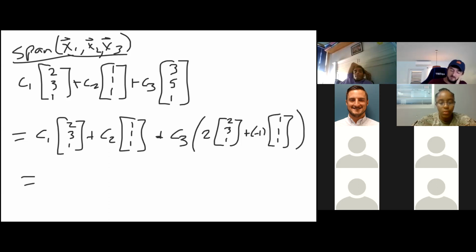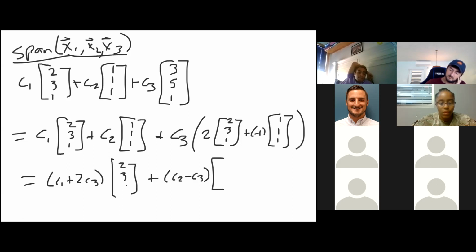And just rearranging all of this stuff: C1 plus C3 times 2, 3, 1 plus C2 minus C3 times 1, 1, 1.